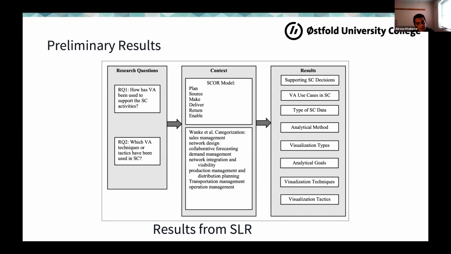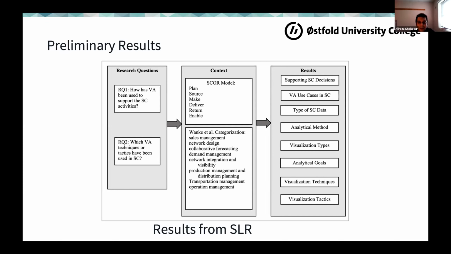So we had 2 research questions. How has VA been used to support the supply chain activities, and which VA techniques or tactics have been used in supply chain. We have used the supply chain operation reference model developed by the Association for Supply Chain Management to categorize our results, and we also provided a supply chain decision area categorization.